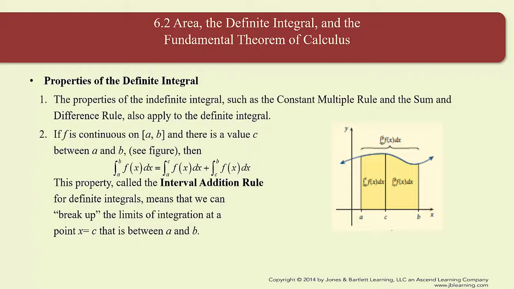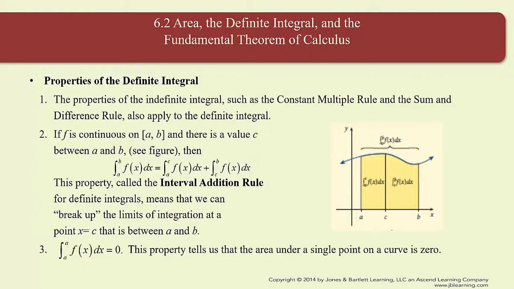That, in short, is the interval addition rule. Then the third property is if you ever have to integrate from a to a of any function dx, the value of that definite integral is 0. If your lower limit of integration and upper limit of integration are the same number, it doesn't matter what the integrand is. The value of that definite integral is 0.